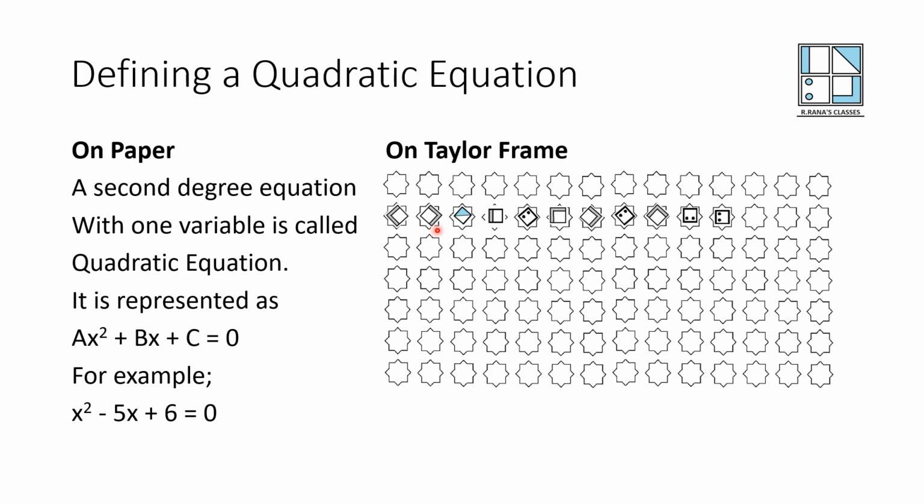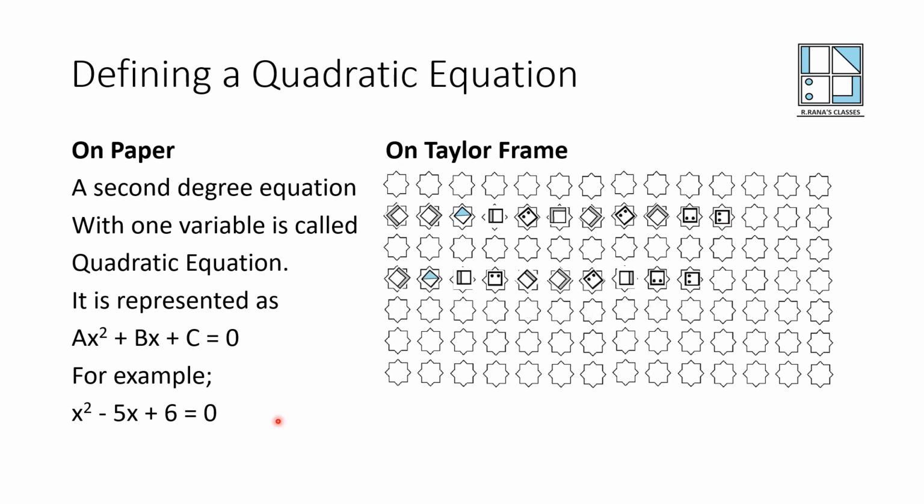Ax raised to power 2, that is ax squared, plus bx plus c is equal to 0. So we can easily represent a quadratic equation on a Taylor frame and do whatever calculations are required to find roots, nature of roots, etc. for it.